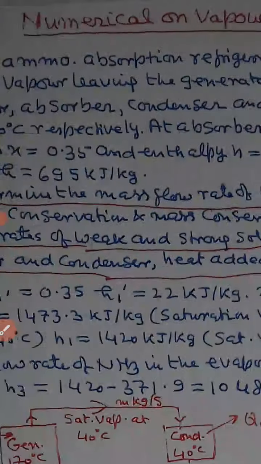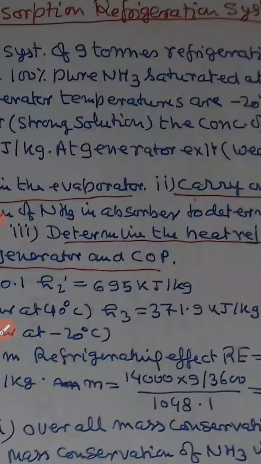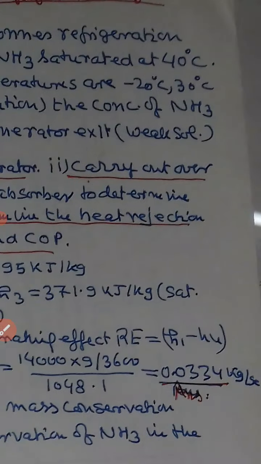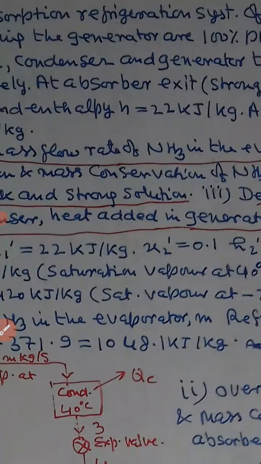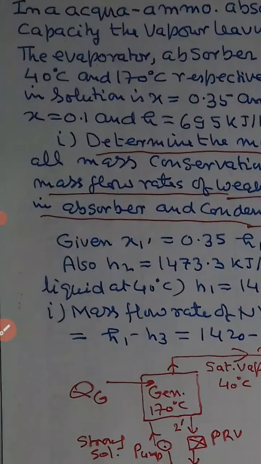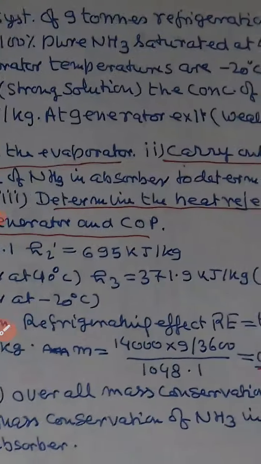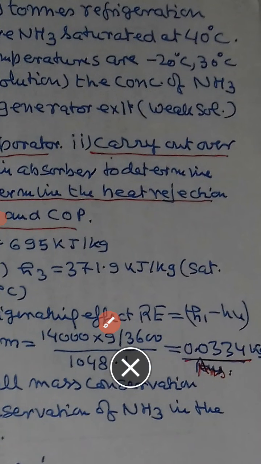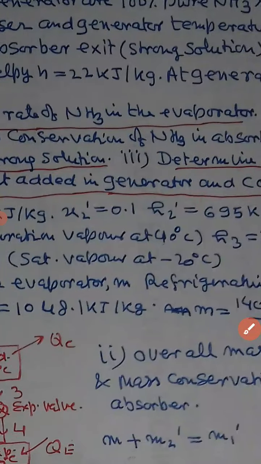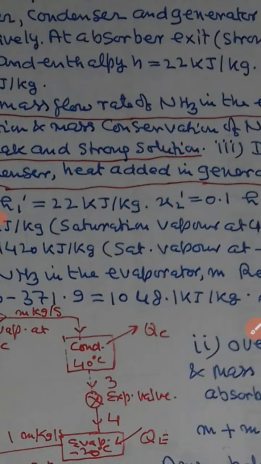First one was to determine the mass flow rate of ammonia in the evaporator. Second one, carry out the overall mass conservation and mass conservation of ammonia in the absorber to determine the weak and strong solution.